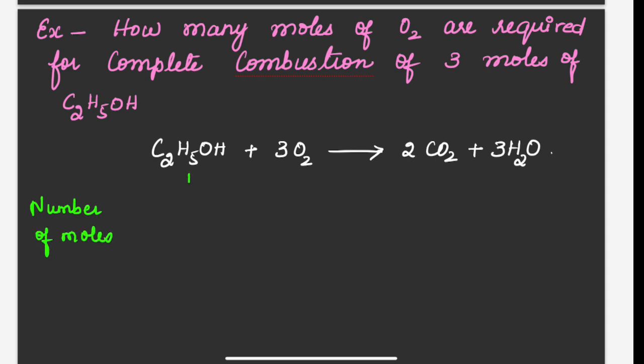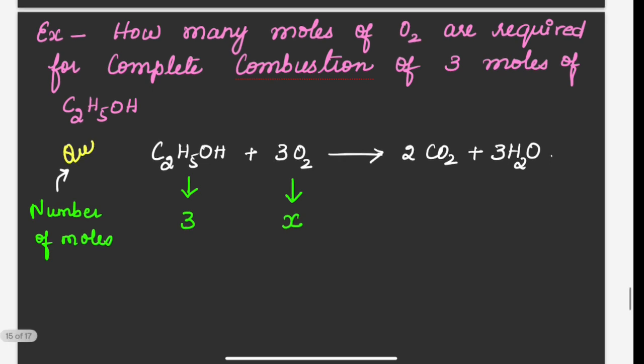For ethyl alcohol, the number of moles is given as 3. The number of moles of oxygen you have to find, so let us take it as x. Students, always remember that the number of moles will be given in the question. Where will you get these details? You will get them from the question. You can see here 3 moles.